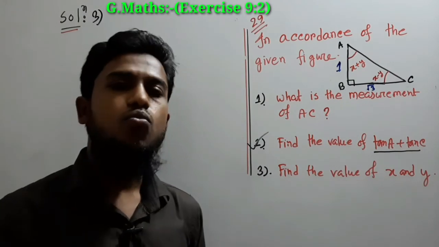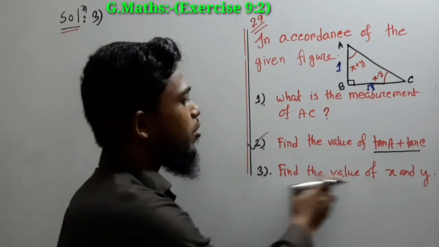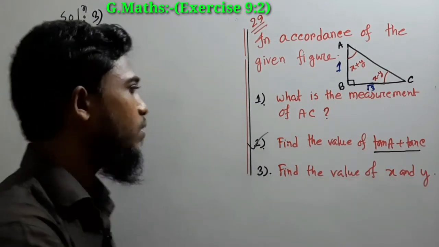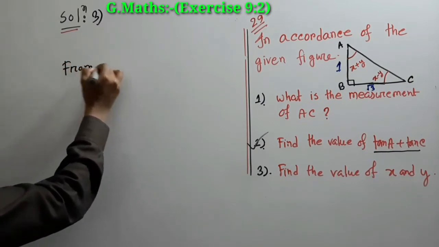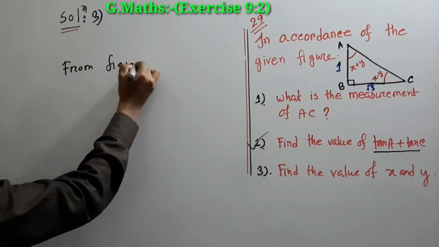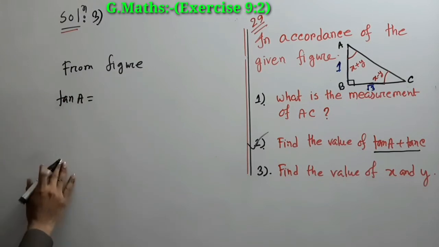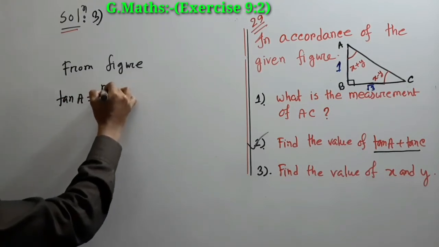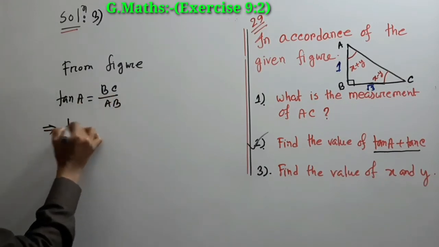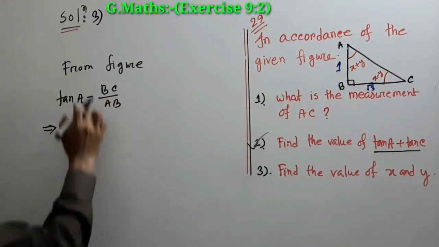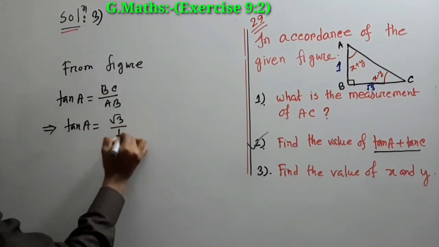Dear students, now we are going to solve question number 3. Our third question is find the value of x and y. From figure, tan A equal to BC by AB. So this equal to the value of BC equal to root 3, the value of AB equal to 1.